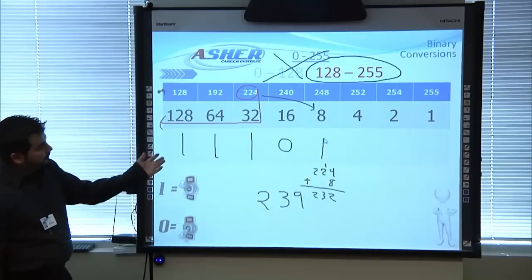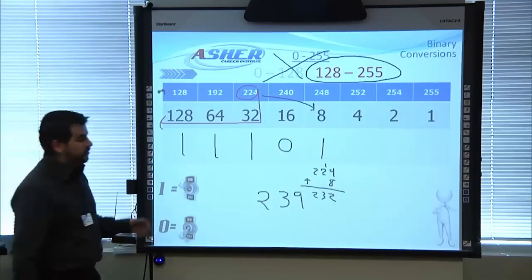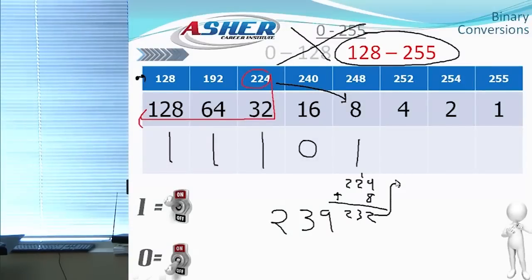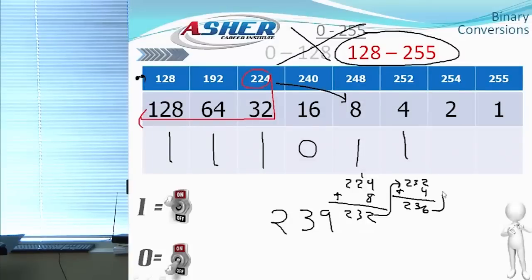So now you can do a couple of things. You can do 239 minus 232. But since you're an addition person, you're probably going to go 232 plus 4 gives you what? 236. Are we going to use it? Next step, 236 plus 2.